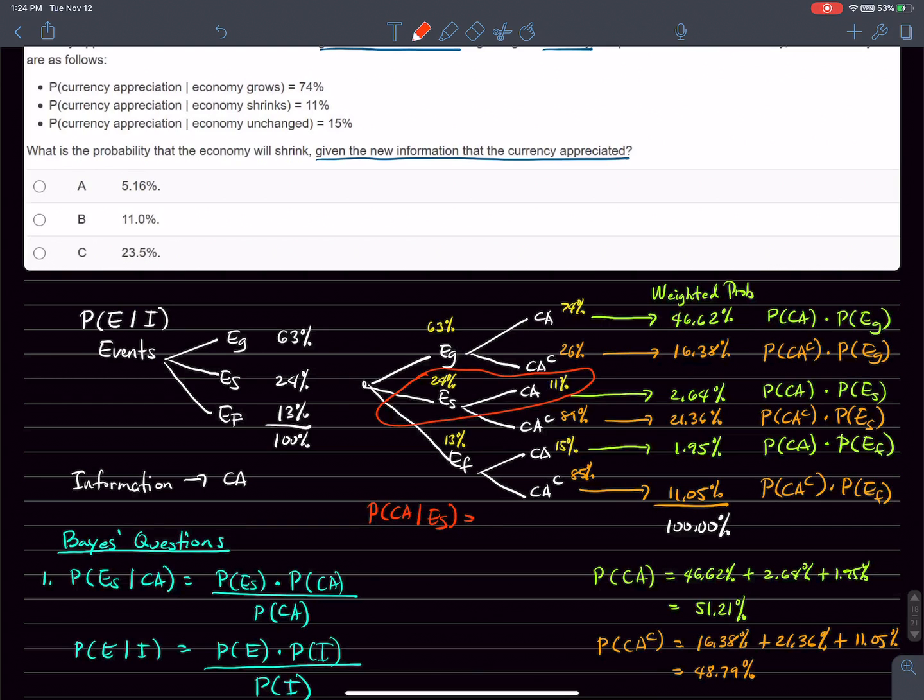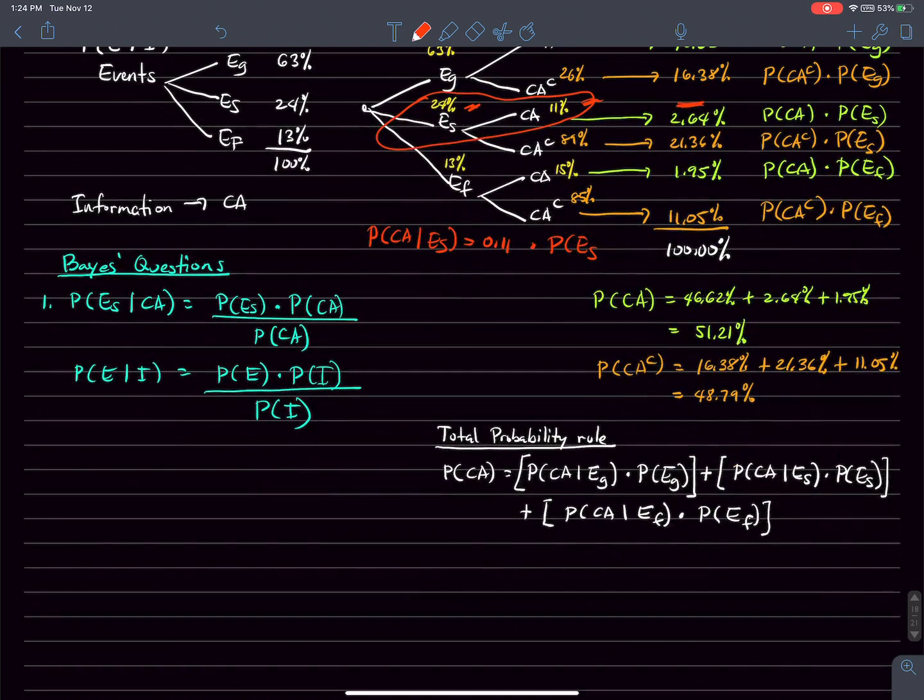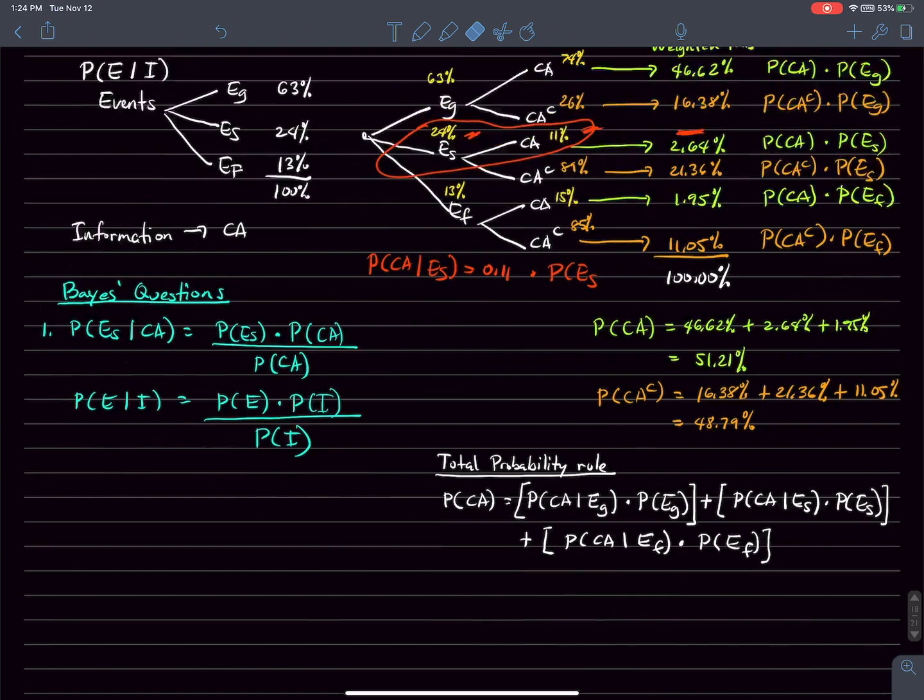That is 0.11, which is this over here, multiplied by probability of the event shrinking. So 0.11 times 0.24 is equal to 2.64. So we managed to complete the second. Then we'll go to the last.